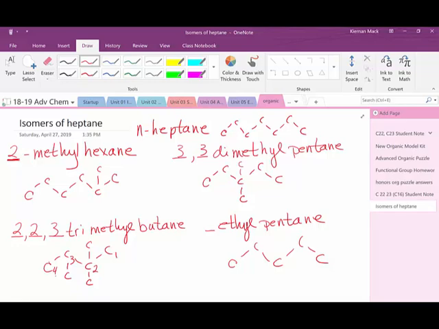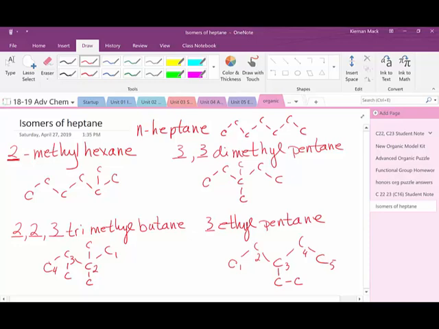Now it is possible to have an ethylpentane. An ethylpentane gives me a 2-carbon chain off of that center carbon, which regardless of the side you start on, is always going to be a 3-ethylpentane.